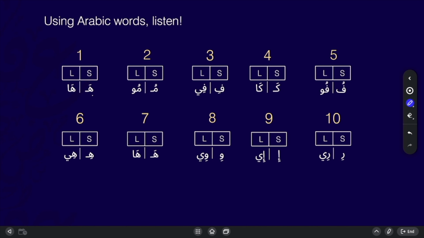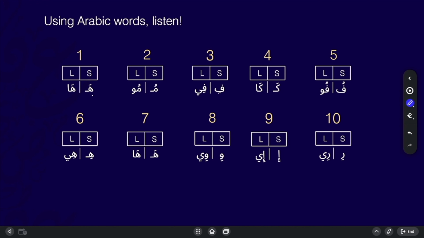Number 3, long or short? We're looking for the sound with fa in it. Afiq. Is the fa short or long? 4, ka. Is ka short or long? So we're looking at the ka sound. The word is kalb. 5, we're listening for the f sound.